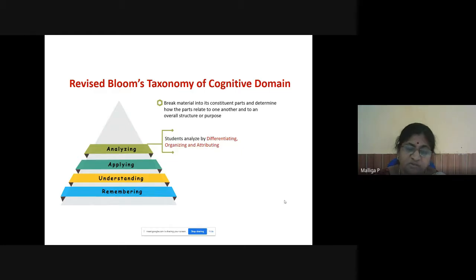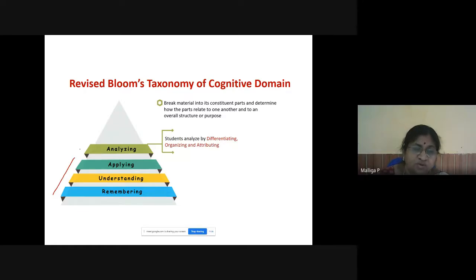In our teaching learning process and assessment, mostly it will be these three things only. We try to make our students understand and apply the knowledge and skill in a new situation. If it is a new situation, it's good. Otherwise, if it is just a familiar situation, it is just like practice, okay?